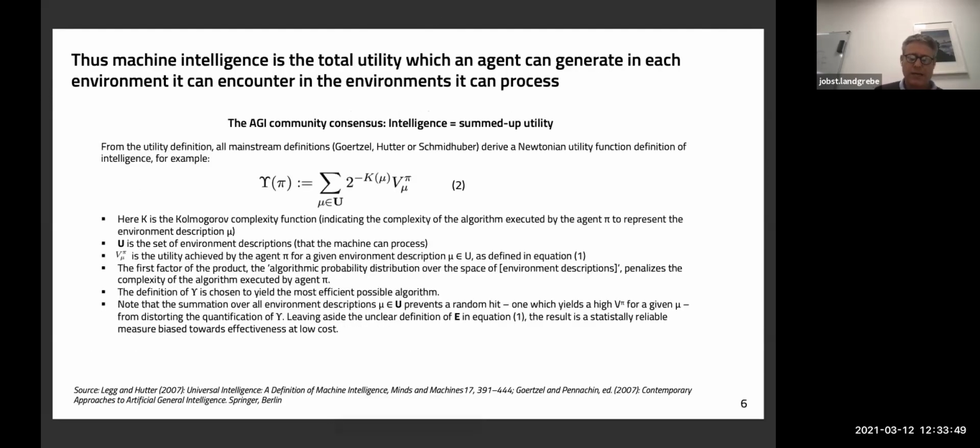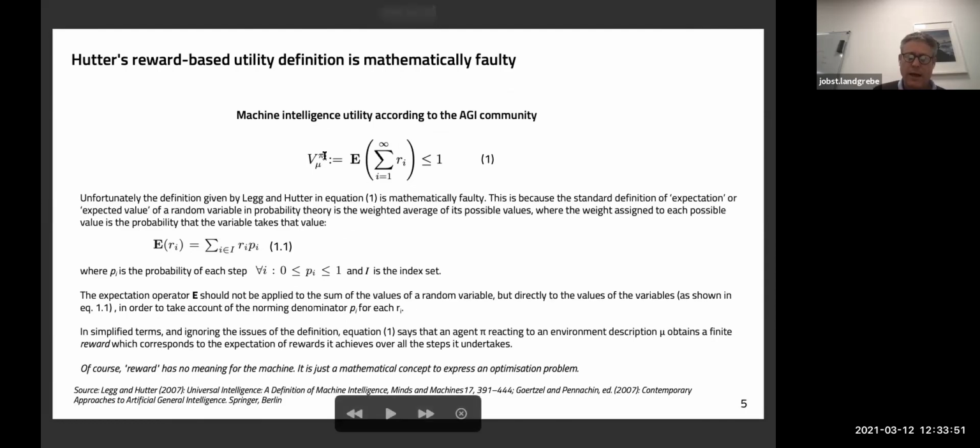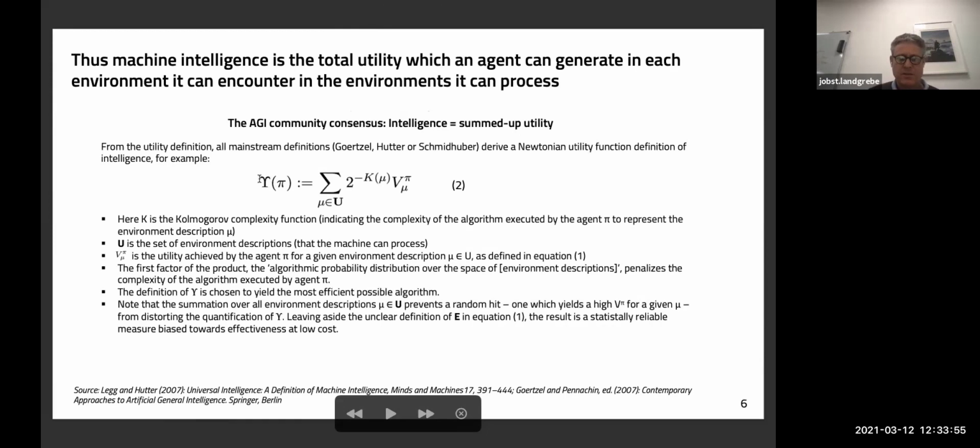So if we now look at this, this is one agent in one environment, but what's the intelligence? The intelligence of agent pi is the sum of the utility that the agent achieves over many environments. And U is the set of environment descriptions that the algorithm can process.